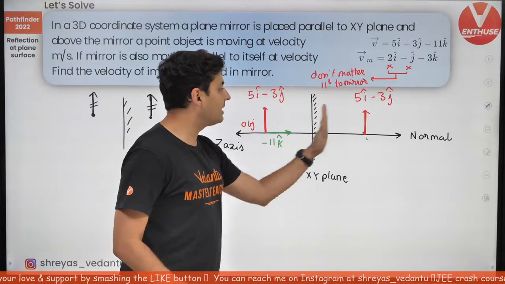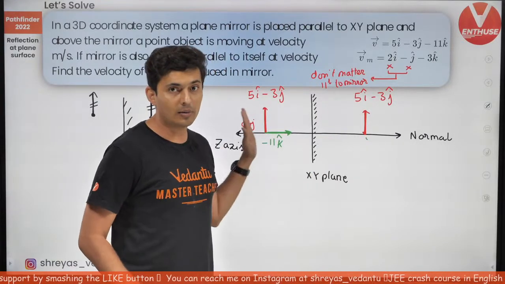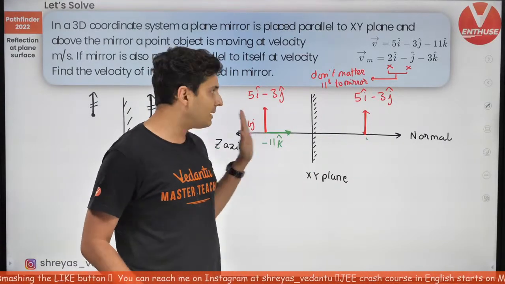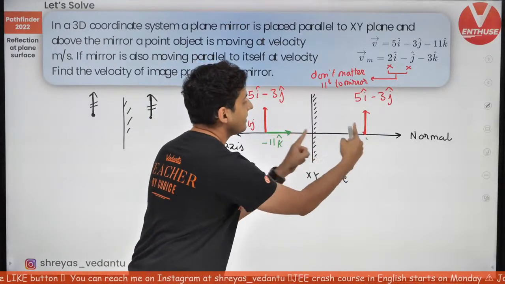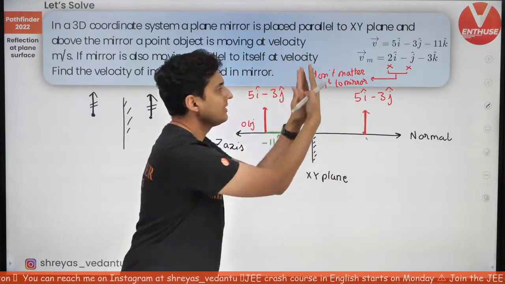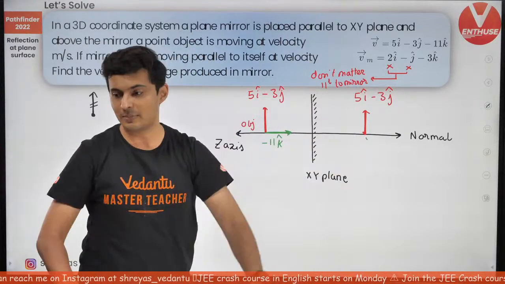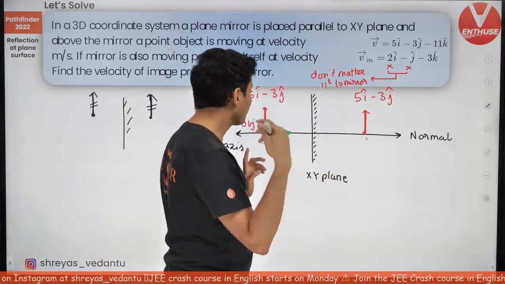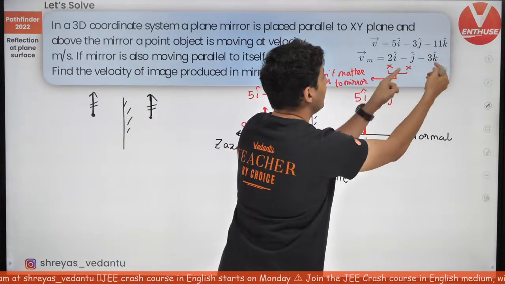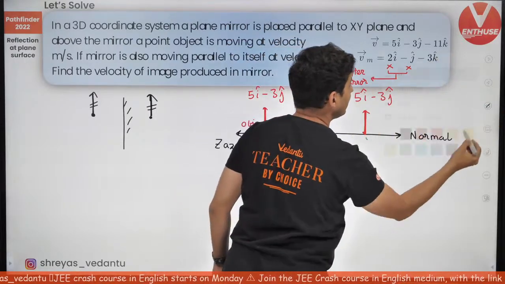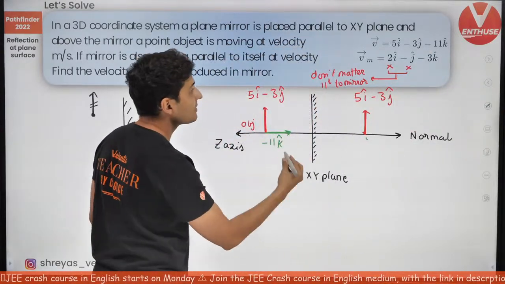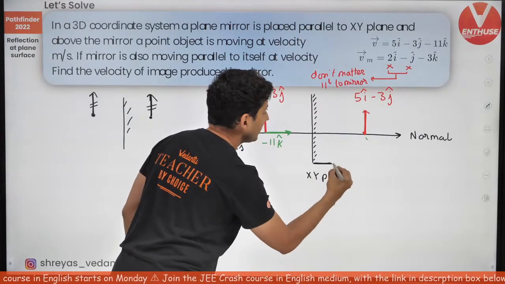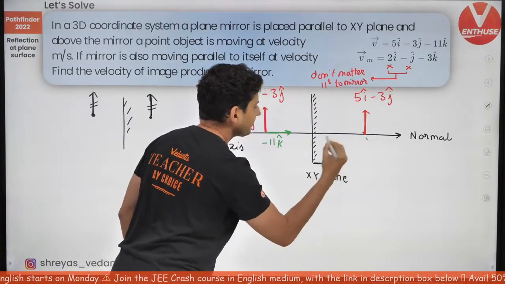Only these normal velocities, z-axis velocities, will matter because they will change the distance. When the mirror goes like this, nothing will happen to the image. Got it? So, what is the mirror's velocity? Minus 3 cap. That means the mirror is going like this, minus 3 cap.